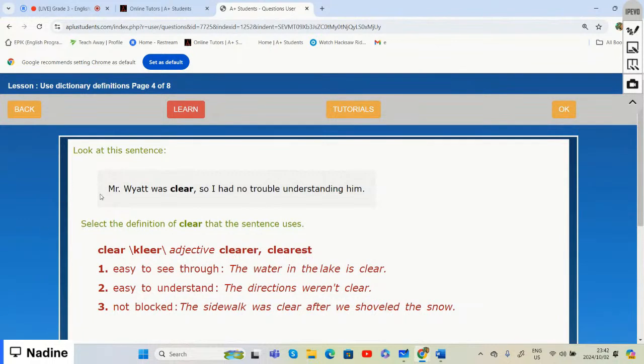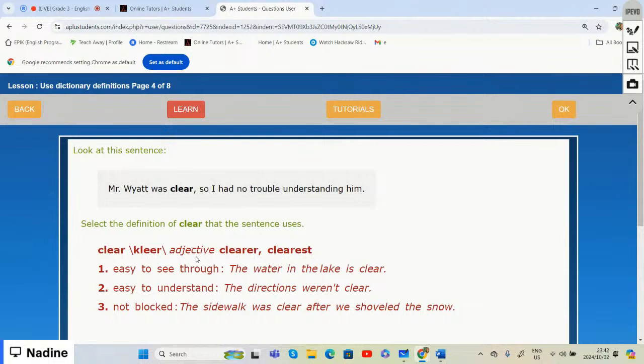It says Mr. Wyatt was clear, so I had no trouble understanding him. If we look at the definitions of the word clear, there are three definitions.